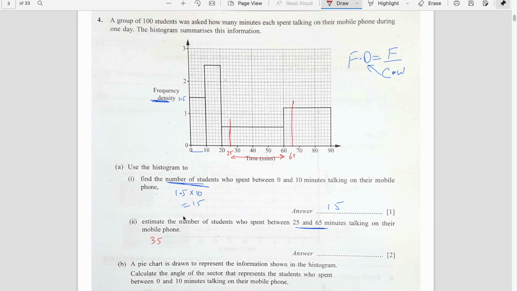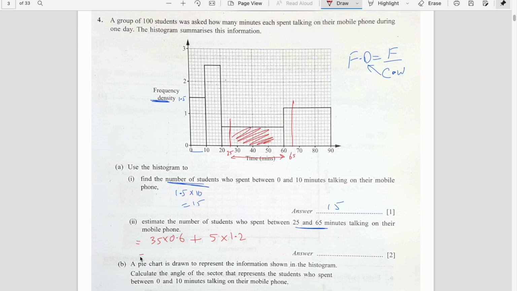And what is the height of this bar? Count it. This is 1, 2, 3, 4, 5, 6 boxes. 6 boxes, so 0.6. This area is 35 into 0.6, and the next area is 5 into 1.2.